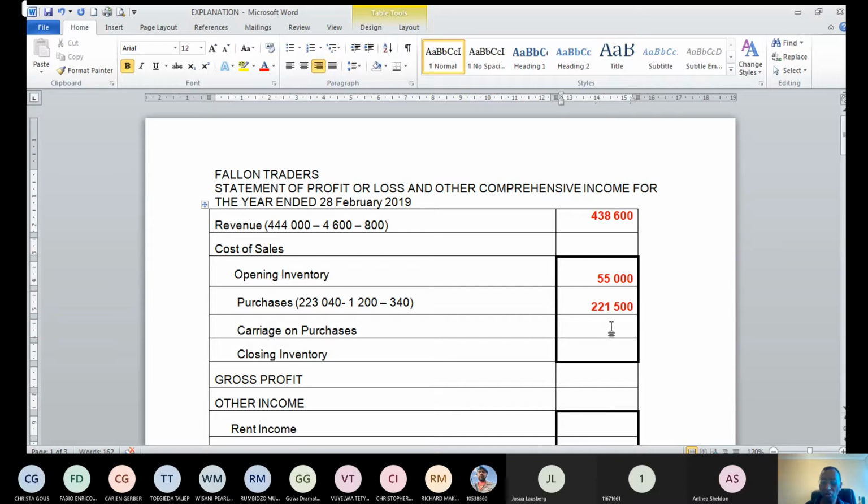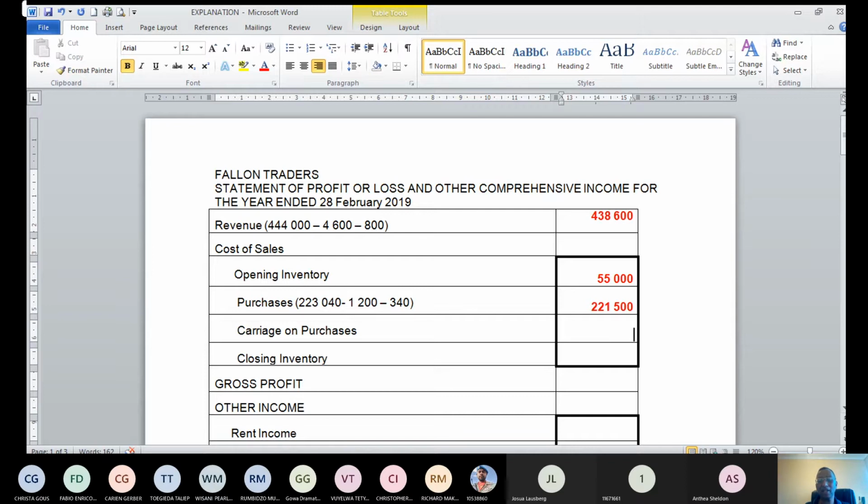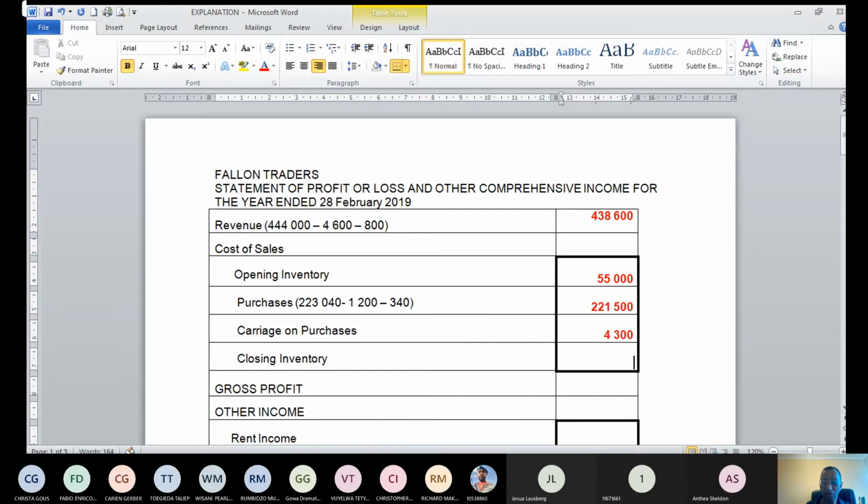Now you look for all costs that you have incurred in getting the stock to you. In this exercise, there is only carriage on purchases. Your carriage on purchases is the amount of 4,300 Rand. Subtract your closing inventory, the value of stock at the end of the financial year, which you will get under your additional information, and your closing inventory amounted to 28,300 Rand.